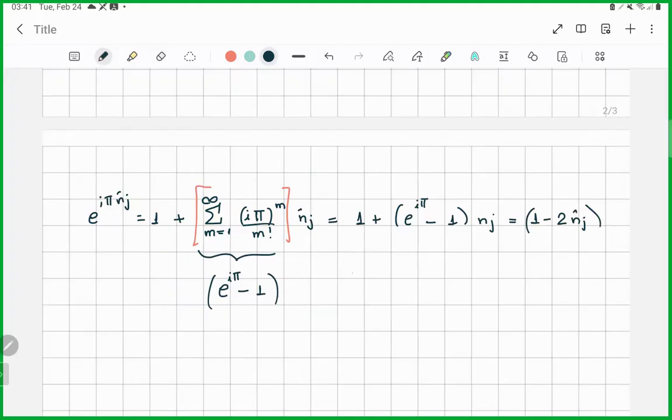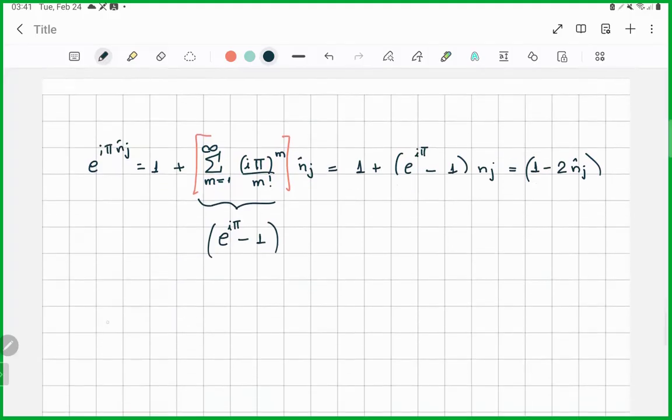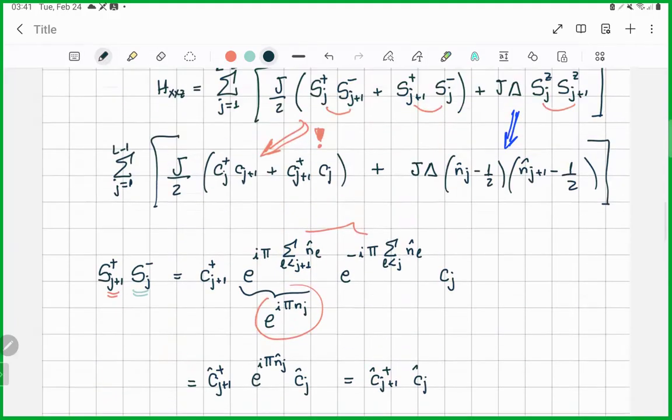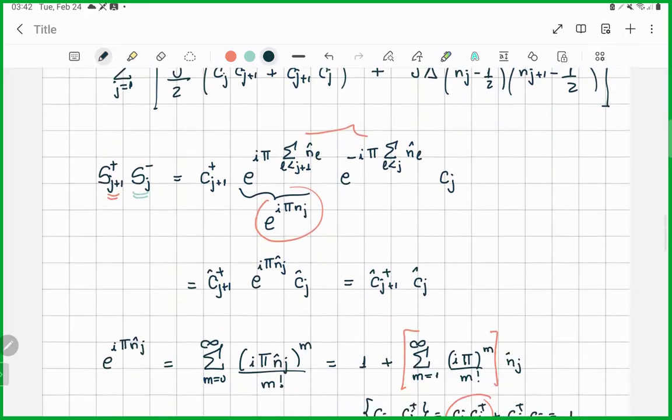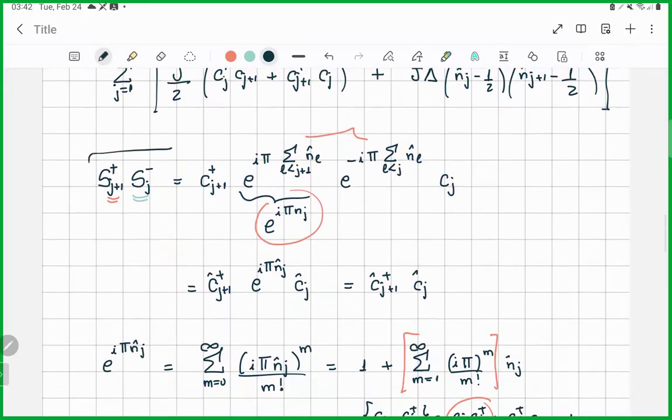Okay, so now, you may have already forgotten, but let's come back to our original term. And so remember that we were here. We are writing the raising and lowering spin operators in terms of fermion operators.